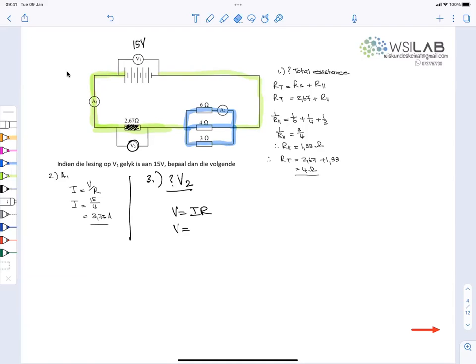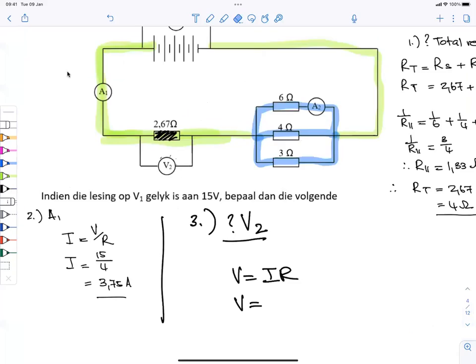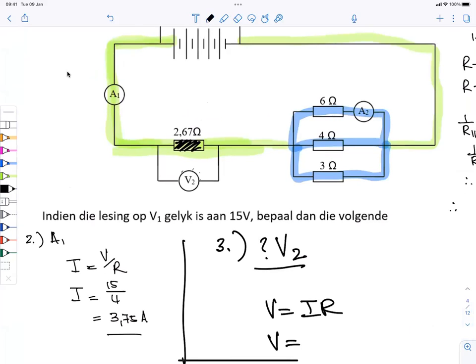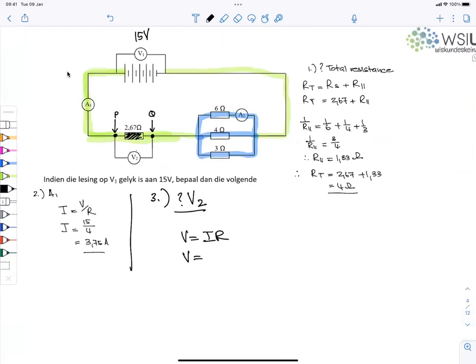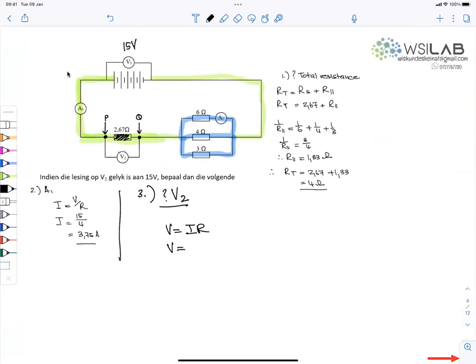No, the current doesn't flow through a voltmeter. The voltmeter reads the potential difference between these two parts of the circuit board, between P and Q. It reads the difference in potential lost between those two parts. So that won't be 15, eh?